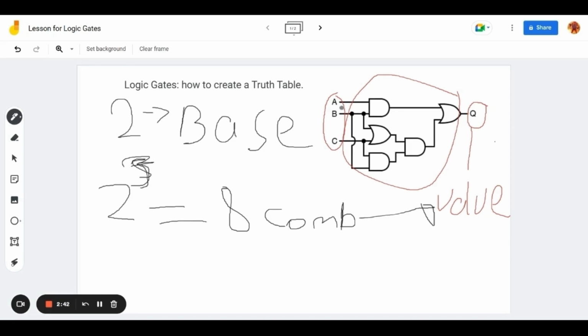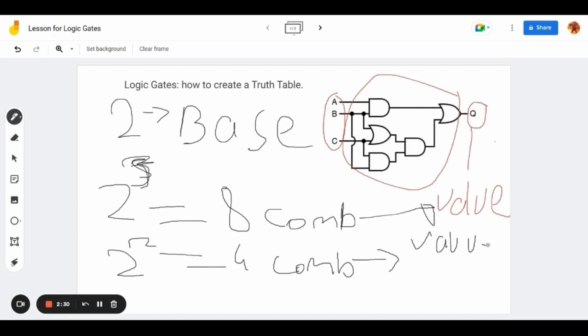And so if there were two inputs, then we would do 2 to the power of 2, which would equal 4 combinations, which would mean that the value at the end would have 4 digits.